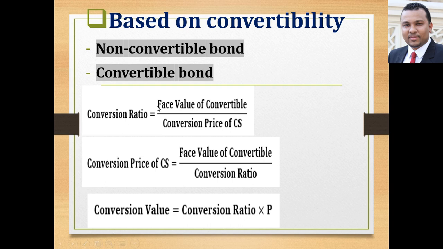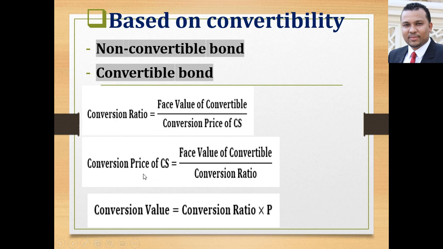The rule: conversion ratio equals face value of convertible divided by conversion price of common stock (CS equals common stock). So the conversion ratio determines how many shares of common stock can be converted from each convertible bond. Suppose the ratio equals 1 to 30. So one bond converts to 30 common shares.